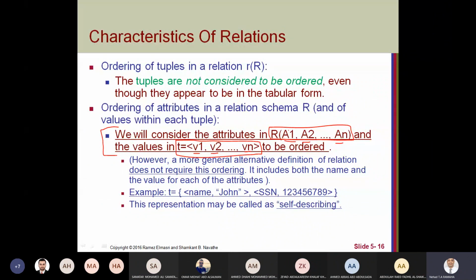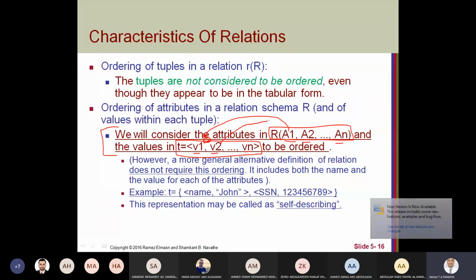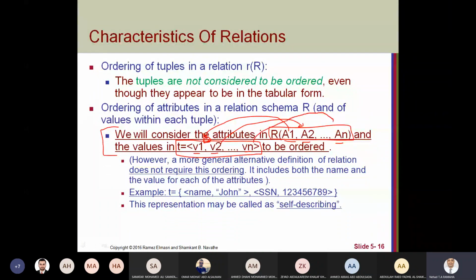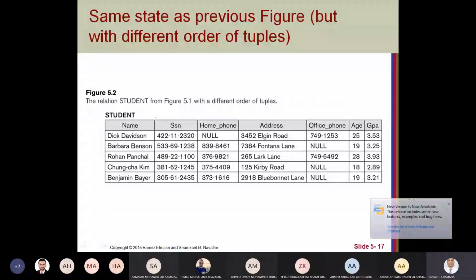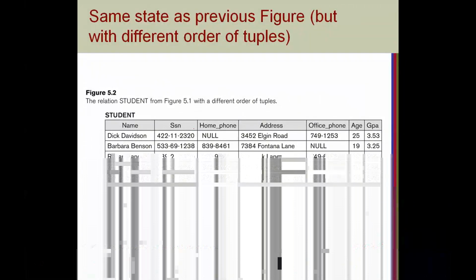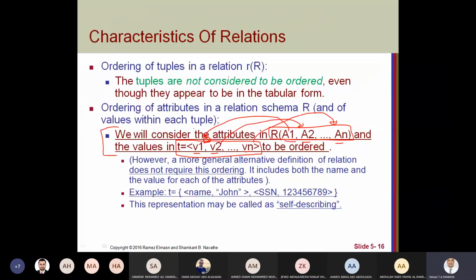Because I will understand that A1 as an attribute has V1 in this tuple, value 2 for A2, until value n for An. So tuples in the relation state are not supposed to be ordered.